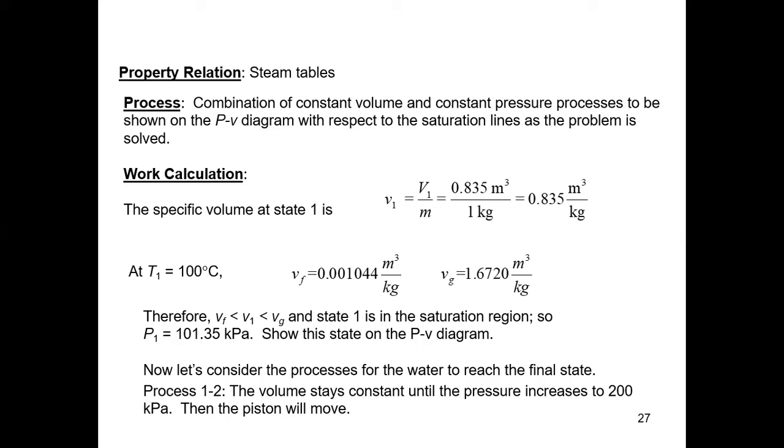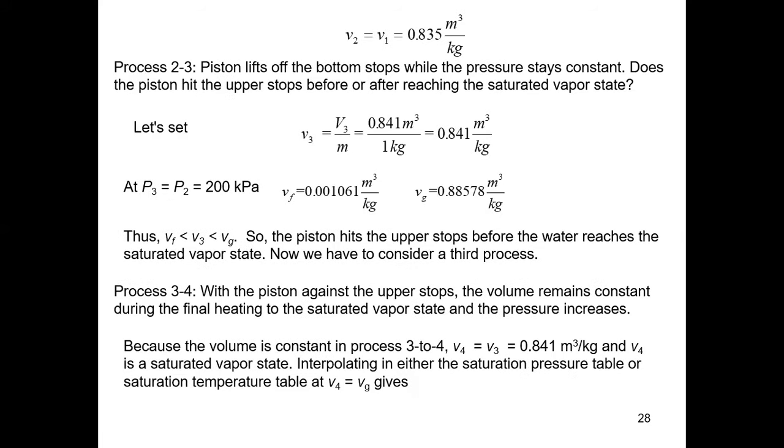Now let's consider the process for the water to reach the final state, process 1 to 2. The volume stays constant until the pressure increases to 200 kPa. The piston will move. So in process 2 to 3, the piston lifts from the bottom stops while the pressure stays constant.